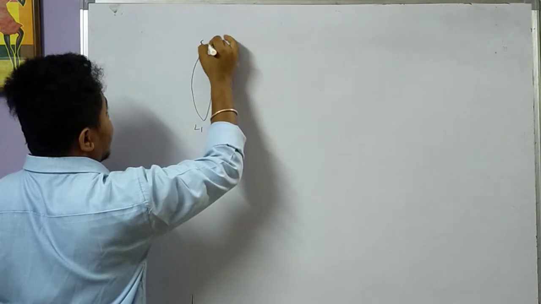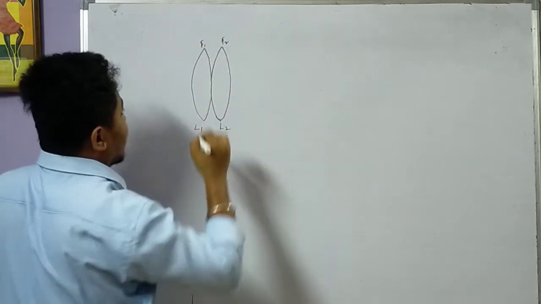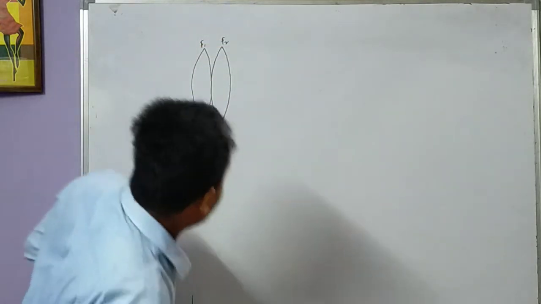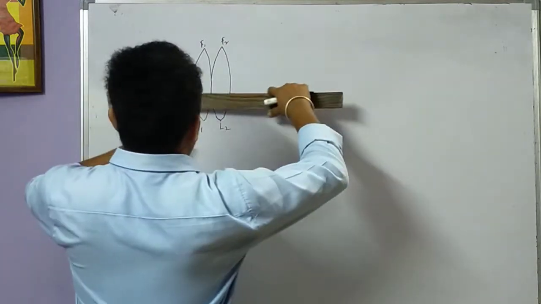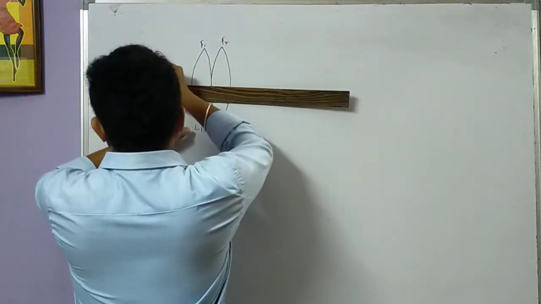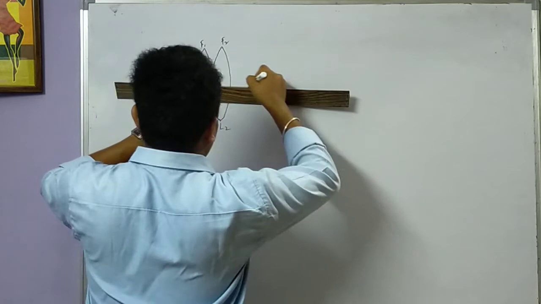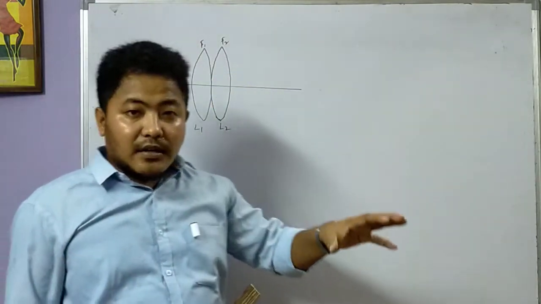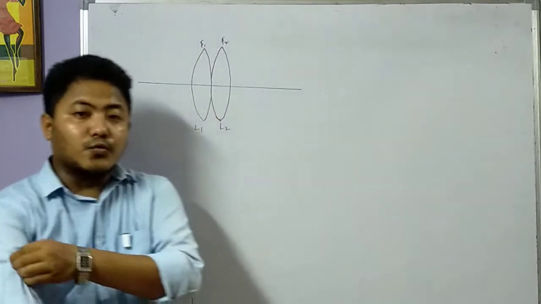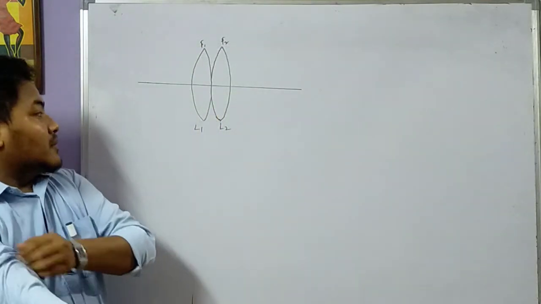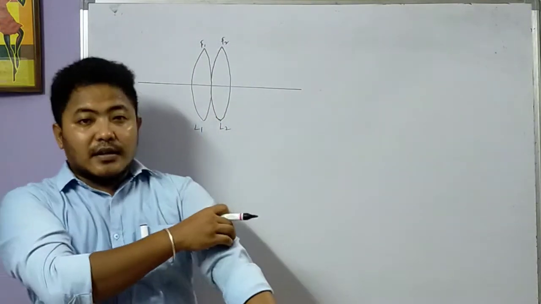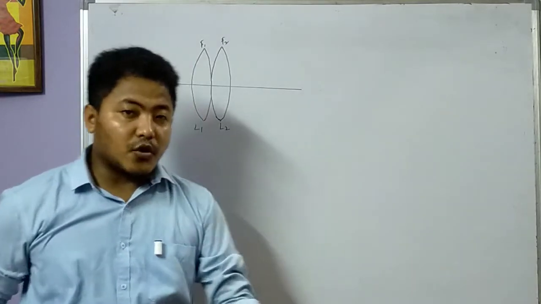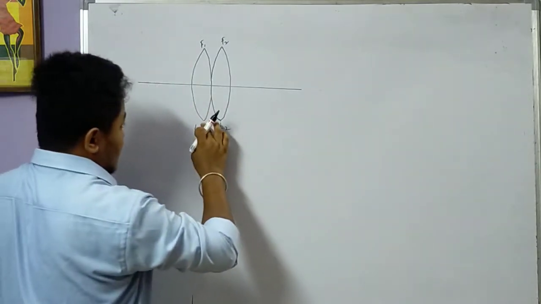This is focal length f1 and this is focal length f2, and they will have a common principal axis. So I have taken two lenses which are in contact, respectively L1 and L2, and their focal lengths are f1 and f2, and they have got a common principal axis.